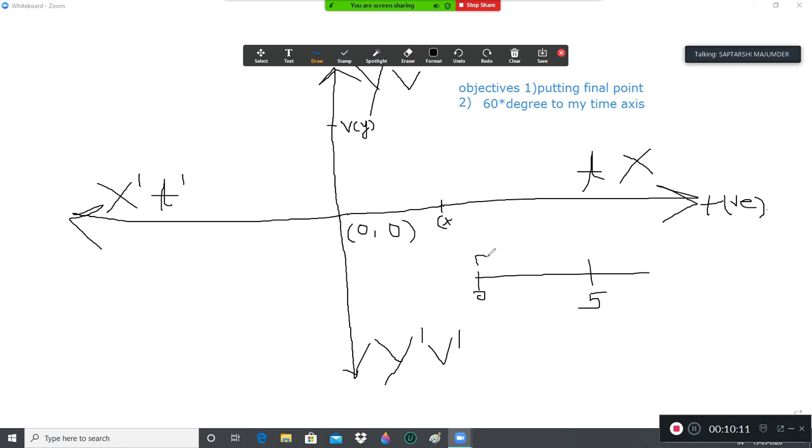It means that from this point to this point, the length of a segment, if I erase it and again try to draw, then this point that is from A to B, the magnitude is nothing but 5 units, and unit can be centimeter, meter, or anything.